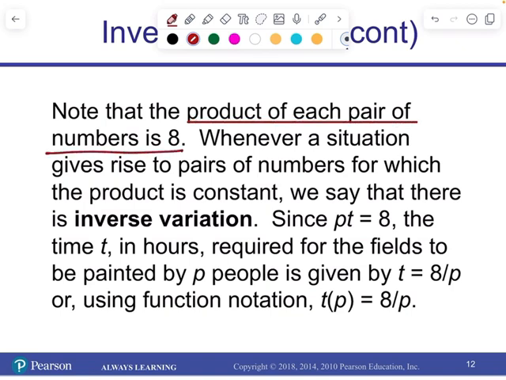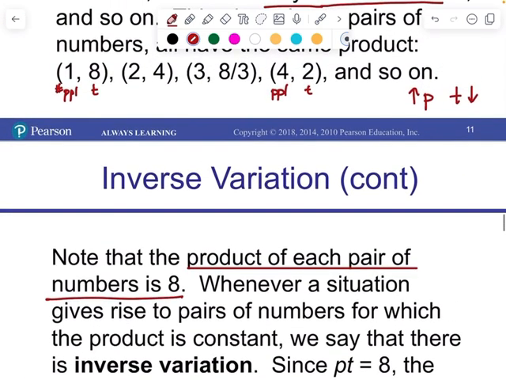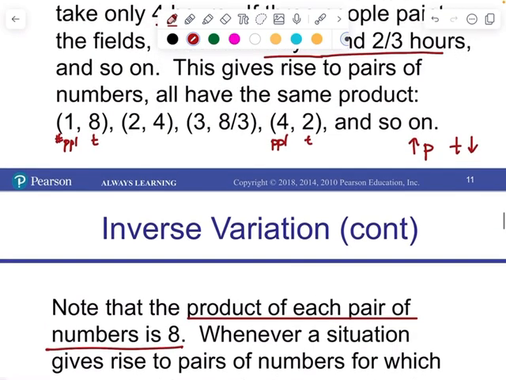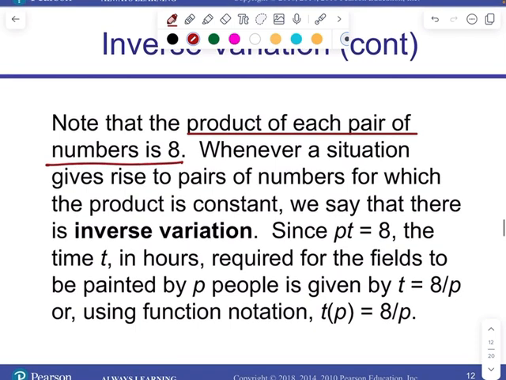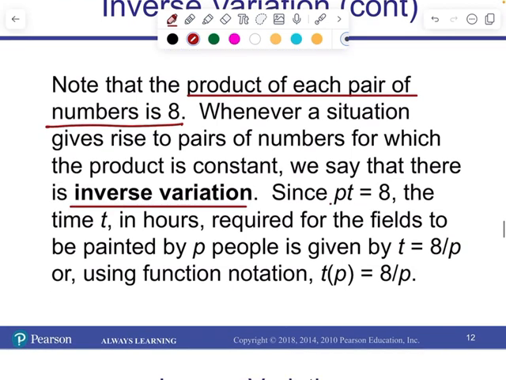If we say that, okay, 4 times 2, 3 times 8/3. So that's kind of interesting. Whenever a situation gives rise to pairs of numbers for which the product is constant, we say that they are inverse variations. So it kind of goes like this. PT is equal to 8. That's the people times the time, the time in hours, remember.